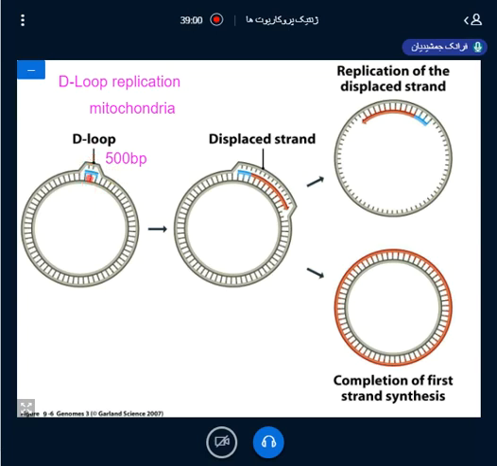After that, RNA primer synthesizes and replication from one strand starts. After it comes to three-fourths of one strand, another strand starts replication.